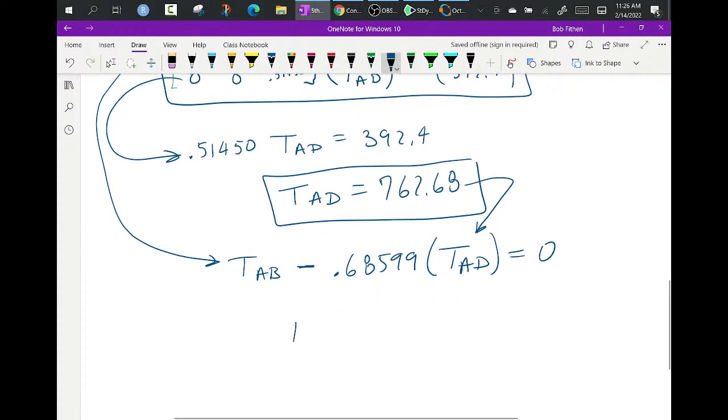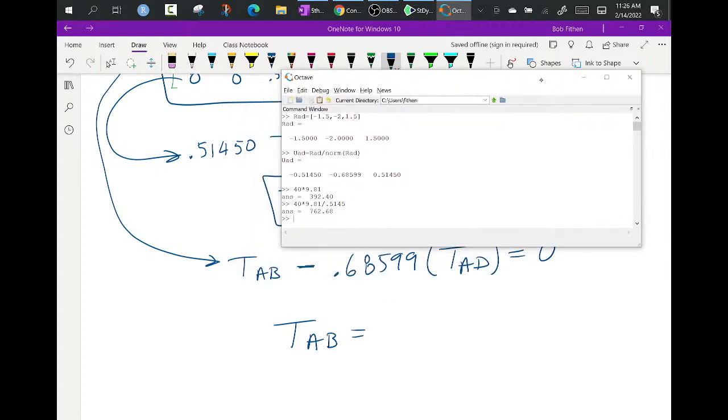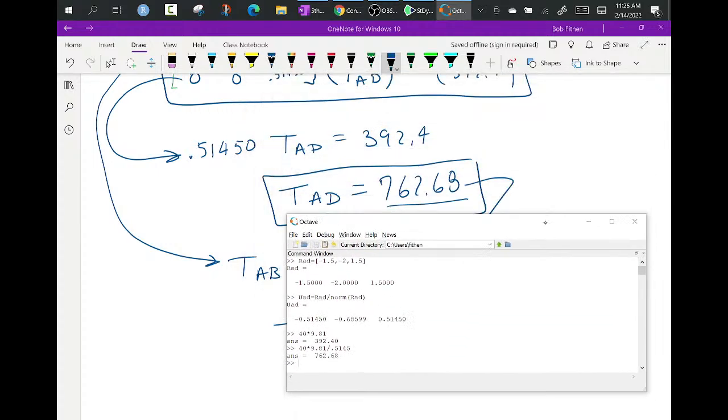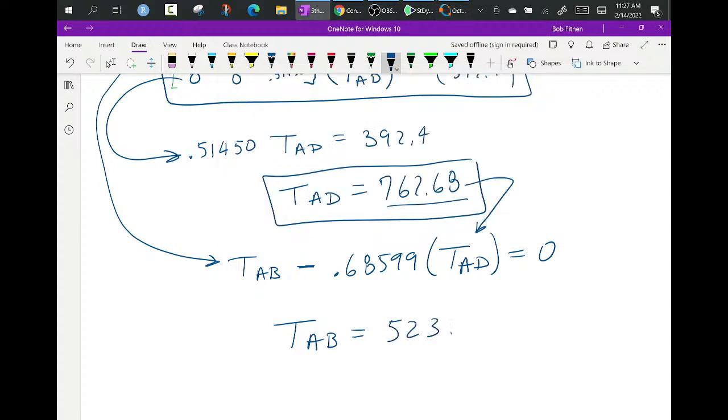So I can go ahead and say TAB is equal to that number times 0.68599. I can take that upper number and copy it that way, times 0.68599. So I get 523.19.